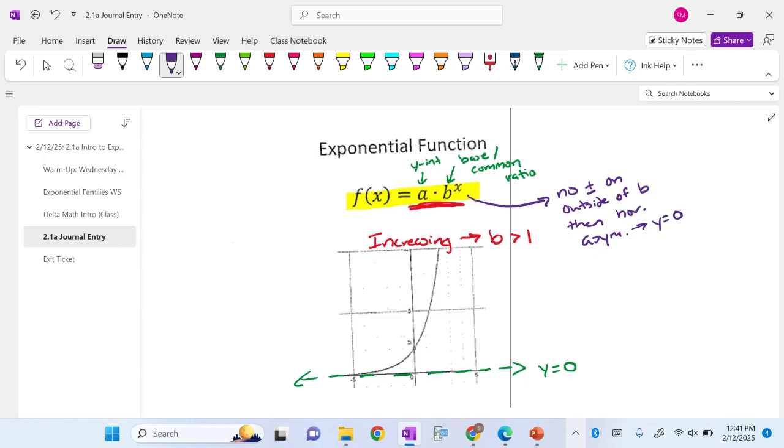So remember, the asymptote only changes if you're adding or subtracting a number outside or on the other side of that b value. If there's no plus or minus, your horizontal asymptote is automatically at y equals 0.